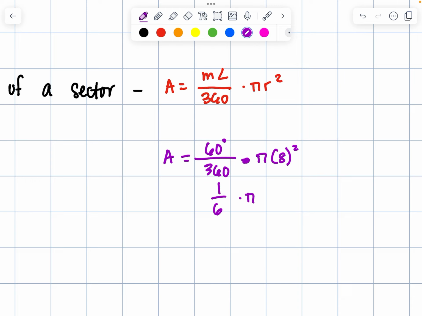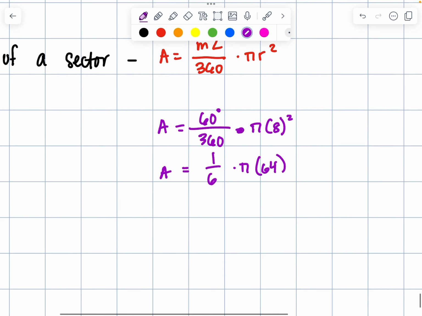Multiply this by pi, multiply this by 64, and we get our area. Doing some more simplification, 6 and 64 both divide by 2. So area is then equal to 3 and 32, so we get 32 pi over 3 units squared.